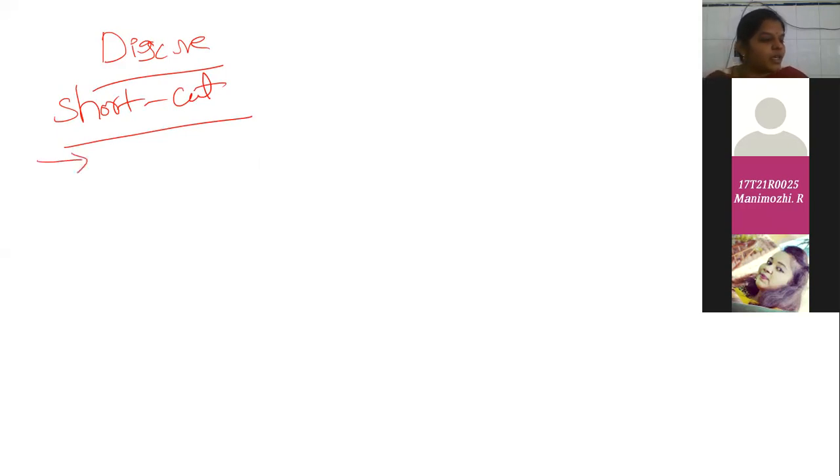In this method, the deviations of the items from an assumed mean are multiplied with their respective frequencies.